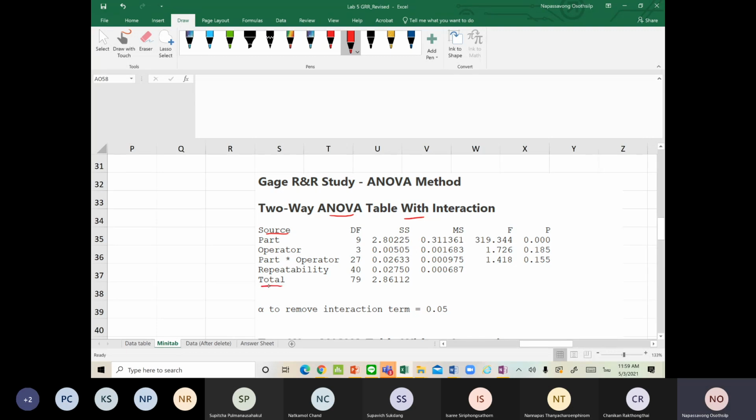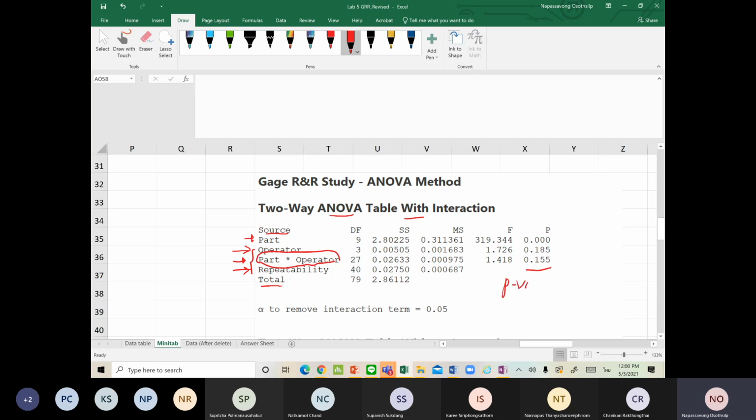We have total variation, and then it will be divided into parts and also gauge. Gauge has 3 main sources: the main effect of operator, the interaction between part and operator, and also repeatability. And then if you want to judge whether the interaction effect, in this line, is significant or not, you will take a look at the p-value.